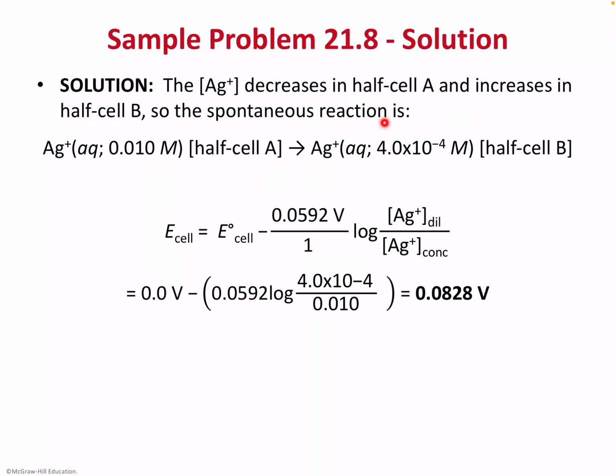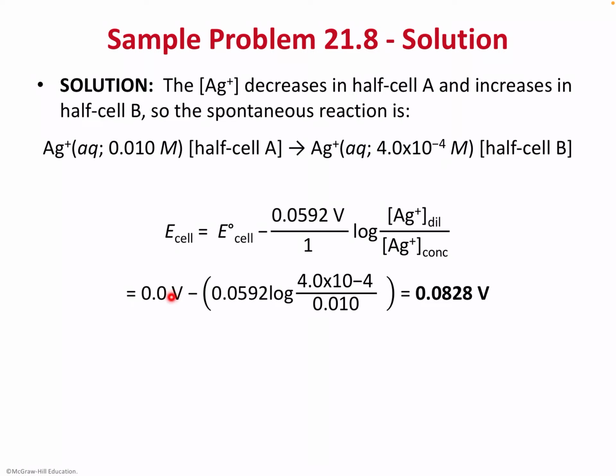So our spontaneous reaction would be silver ions 0.01 molar in half cell A becoming silver ions in the 4 into 10 to the negative 4 molar half cell B, similar to the copper one. So we can use this equation, E cell equals E naught cell, minus the Nernst equation value, log Q. Q is silver ions in the diluted solution over the silver ions in the concentrated solution.